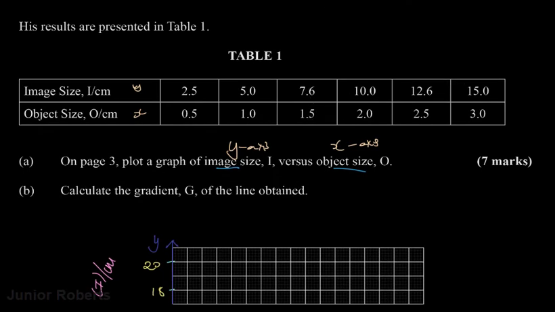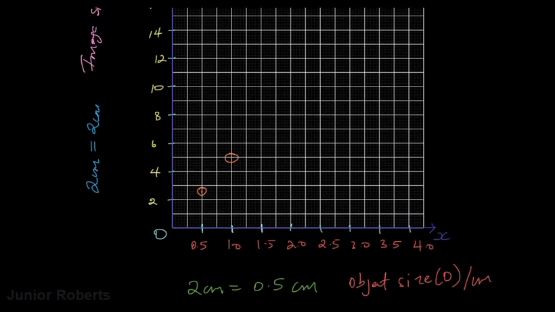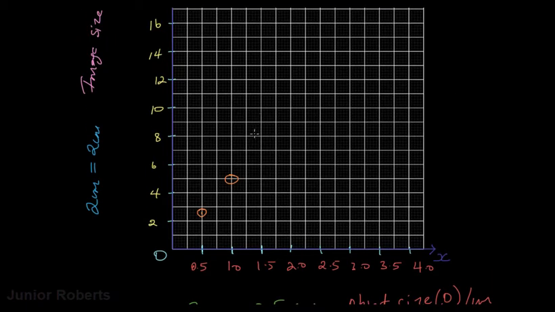So we can find that on our graph. 7.6 is right here and corresponds to 1.5. And we circle.